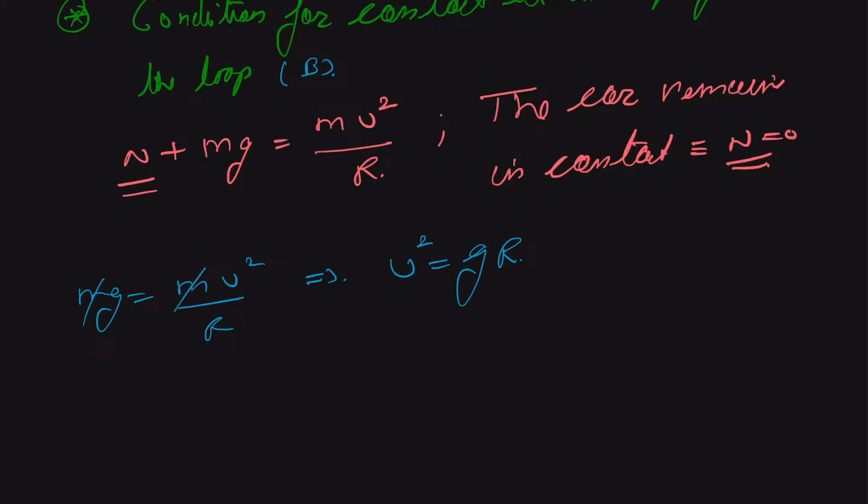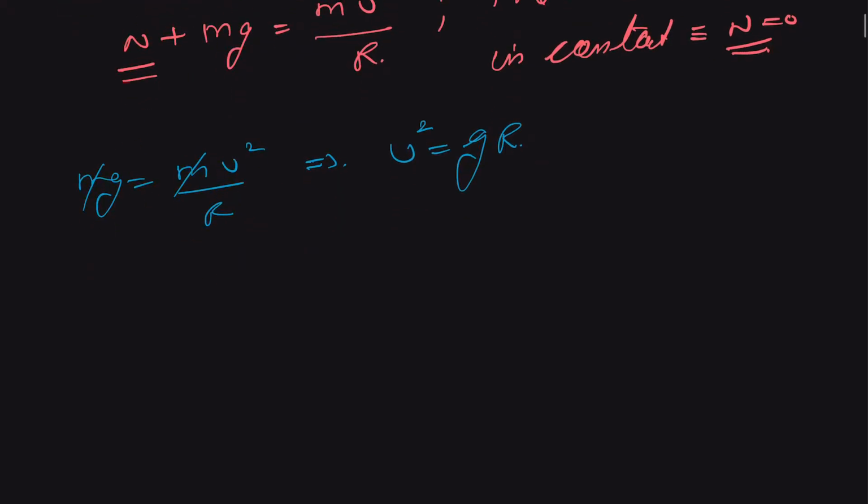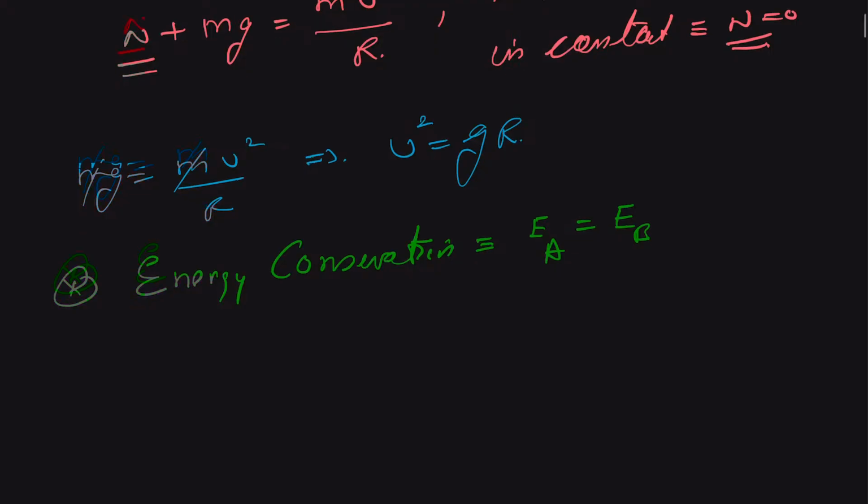Now we can use the energy conservation, which means total energy at A should be equal to total energy at B. Energy at A, because the car starts from rest, will be entirely potential energy.